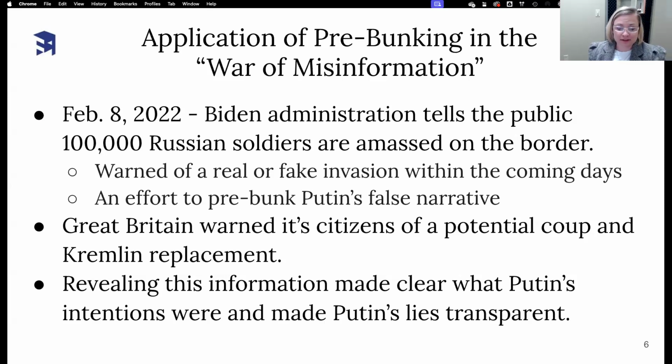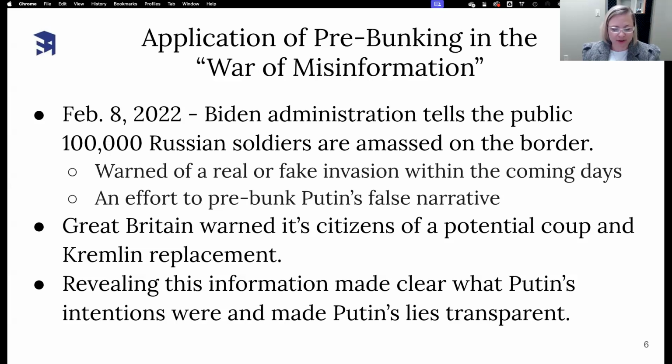Several media outlets, including NPR and Time Magazine, have deemed the Russian-Ukraine war as the war of misinformation. And this is a context that we'll be discussing our strategies in. In an unprecedented move, the Biden administration announced that 100,000 Russian soldiers were amassed on the border of Ukraine.